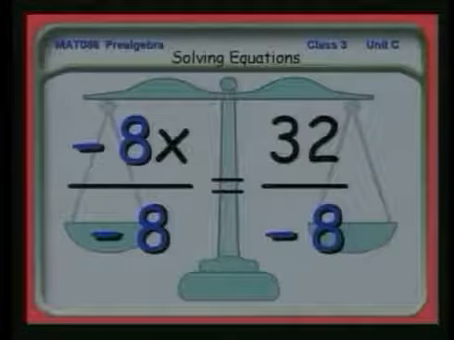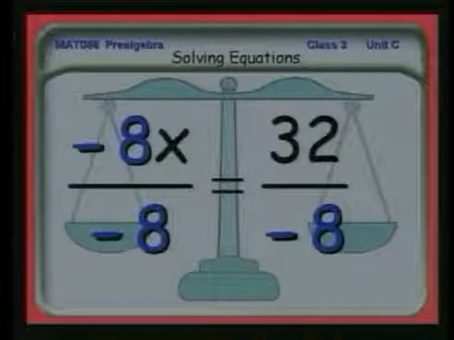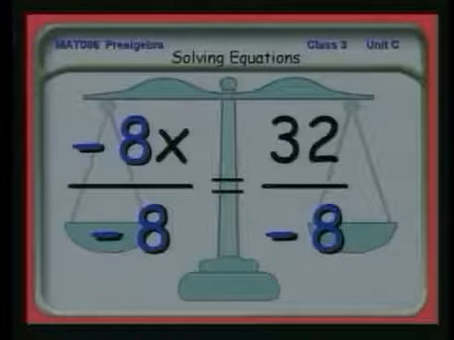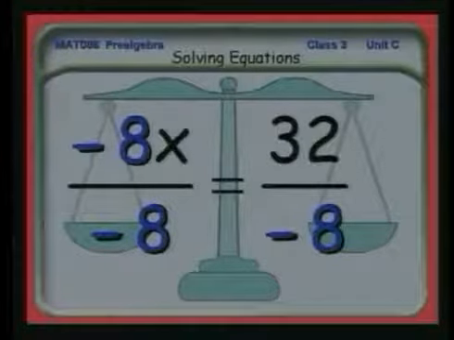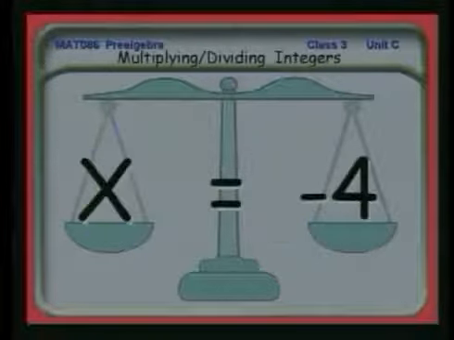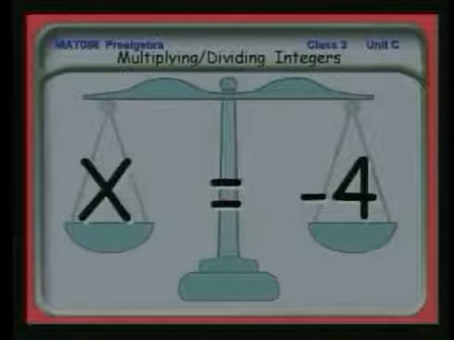I need to then divide both sides by minus 8. So to get x by itself, I divide minus 8x by minus 8 and the 32 by minus 8. When I do this, I find that my solution to the equation is x equals minus 4.